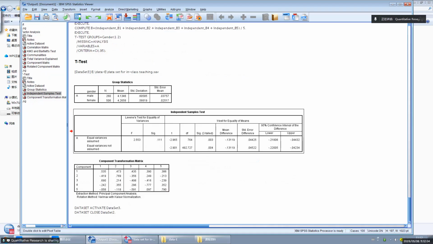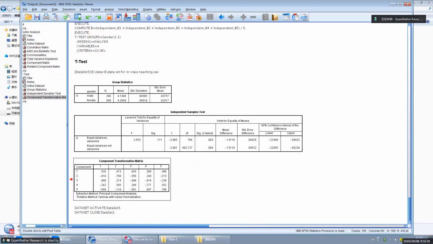How do we interpret the result? The p-value of F tells us which row you have to check. So pay attention.